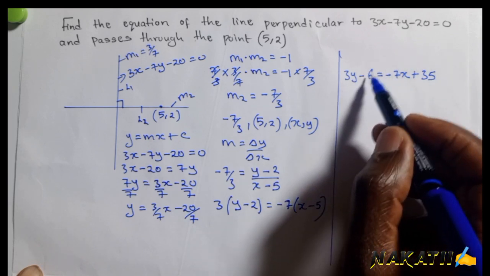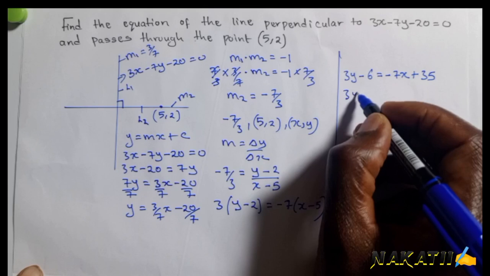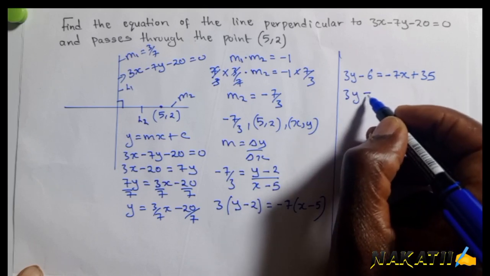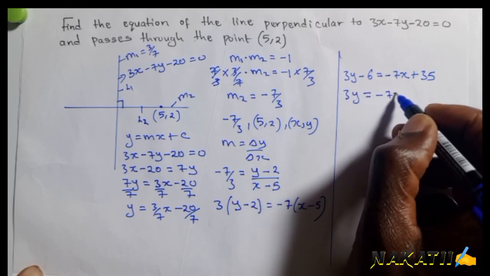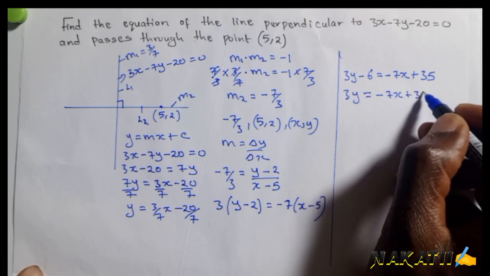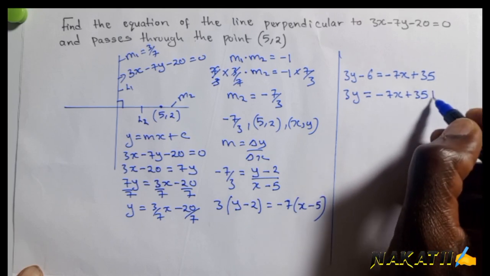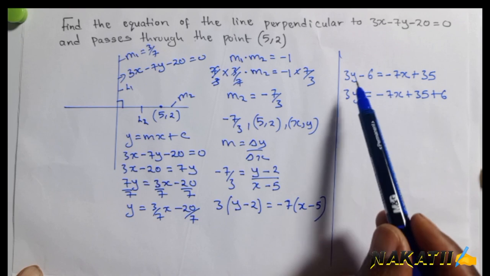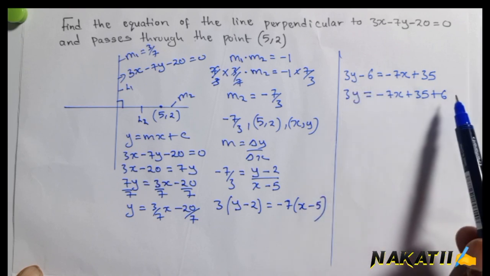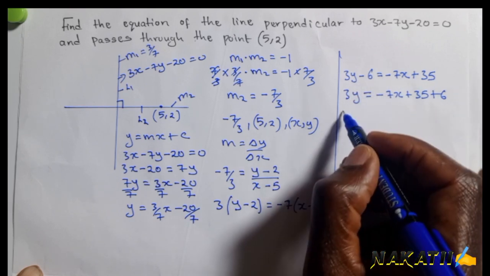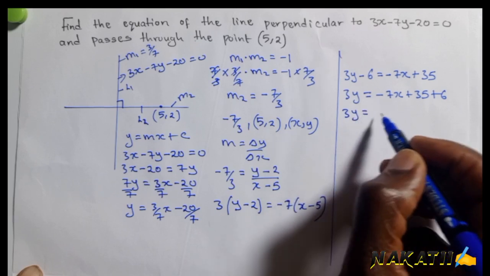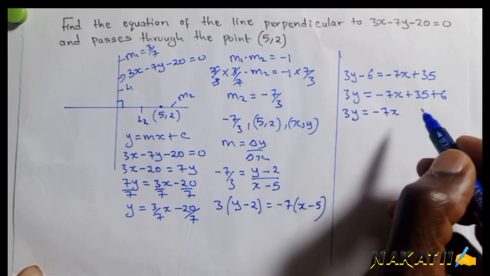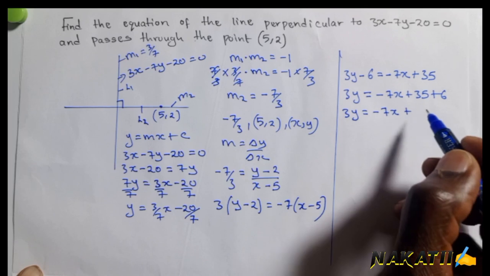Then you just take this 6 to the other side, you're going to have 3y equals -7x plus 35 plus 6. Because this one is negative, it crosses and becomes positive. We'll have 3y equals -7x plus 41.